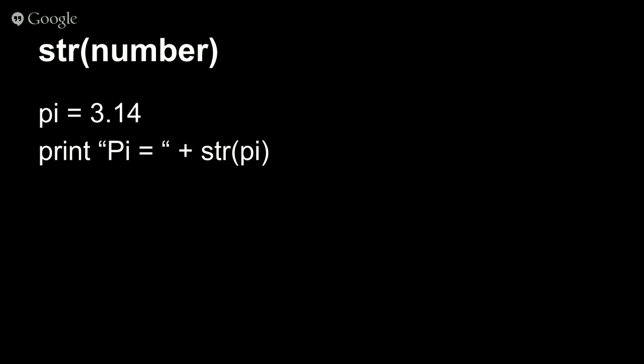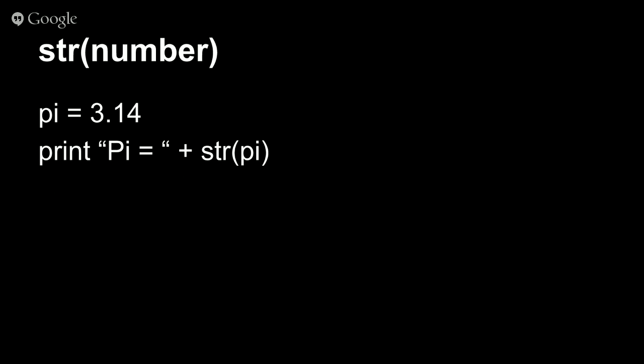If I didn't want to put the pi variable there, I could put 3.14 inside of the str function, and that would do the same thing in this case. But a lot of the times you'll be using user input, where the user inputs a number and then you want to print it out, and that's not always the same. So this will print out pi equals 3.14.